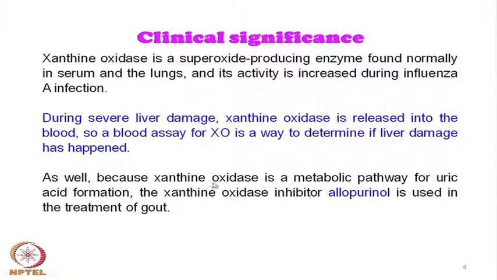So, some inhibitor which can go and bind to the xanthine oxidase system, that means it can bind to the molybdenum center, can function as a xanthine oxidase inhibitor. These inhibitors are nothing but compounds that inhibit the activity of an enzyme, which is a common terminology for all inhibitor design.